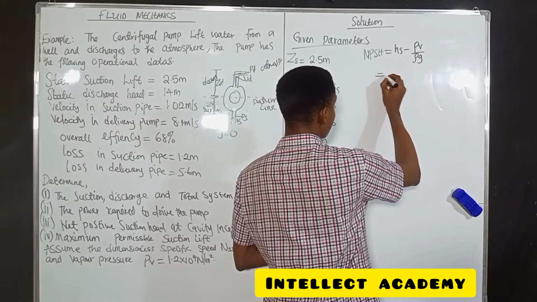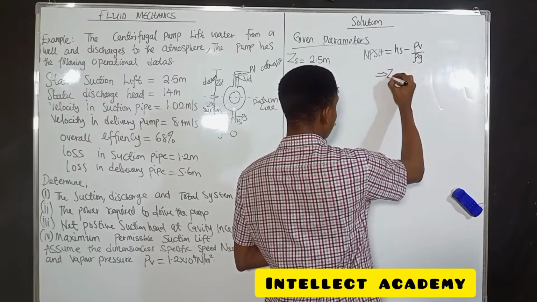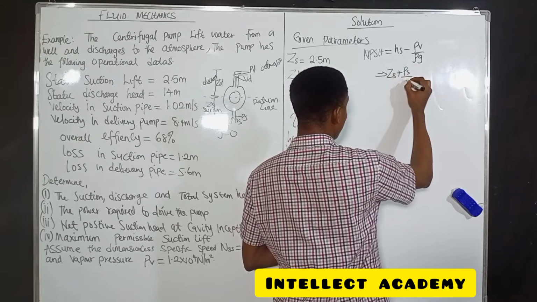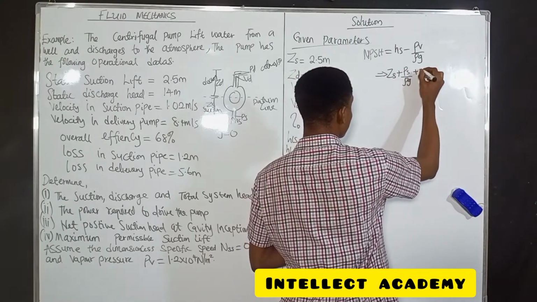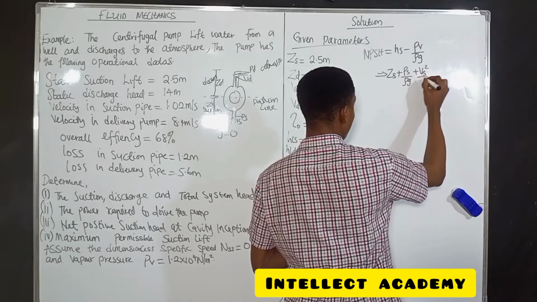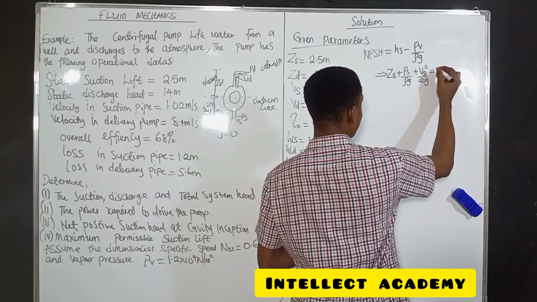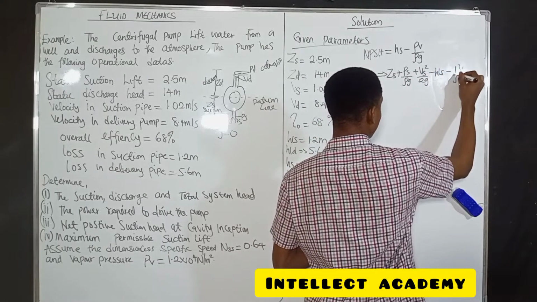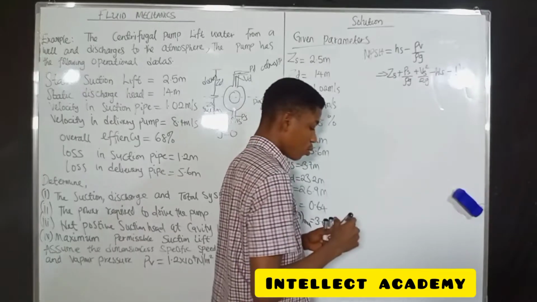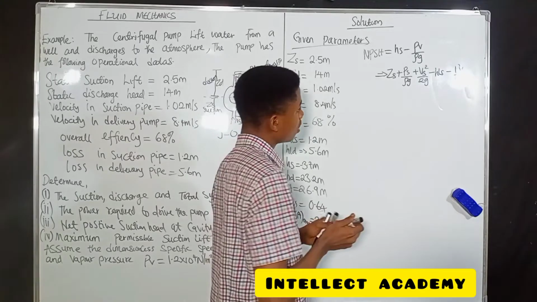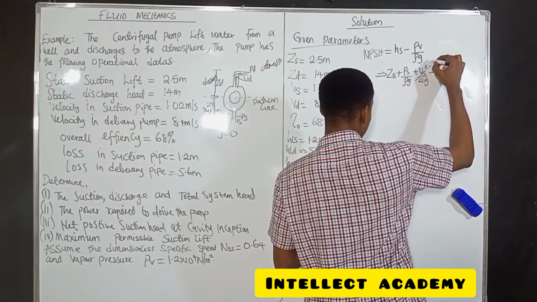So this can be expressed as ZX plus PX over rho G plus VX square over 2G negative HLS negative PV over rho G. Now take note that at this point, it's very okay that we say that the velocity is 0.